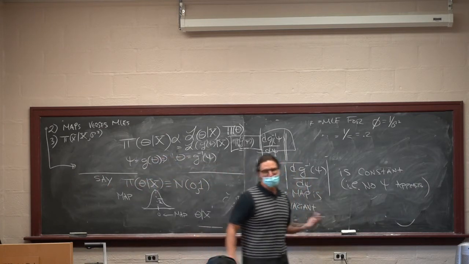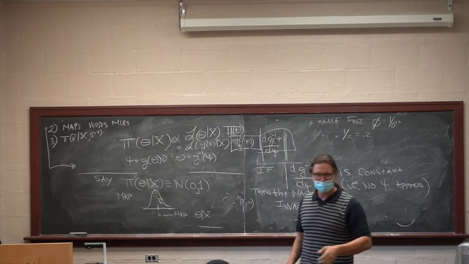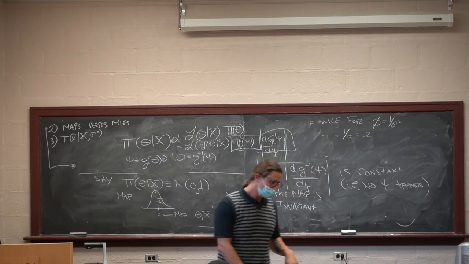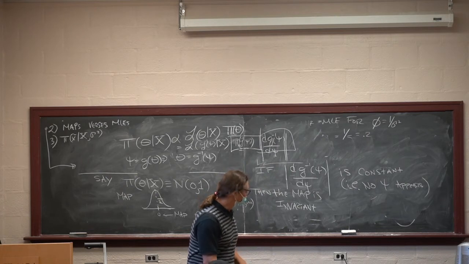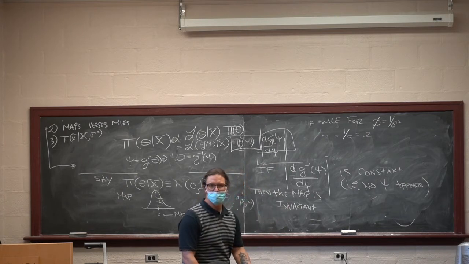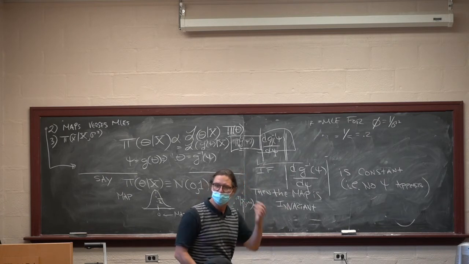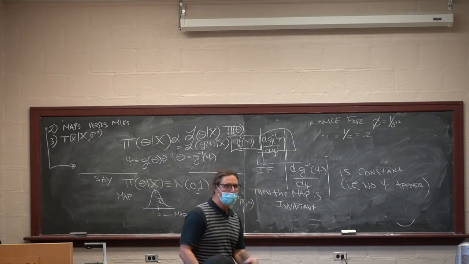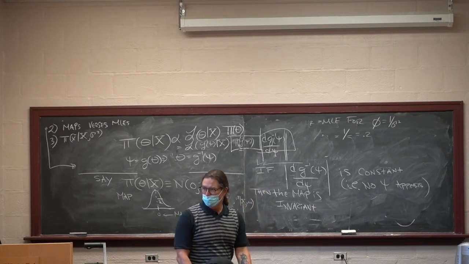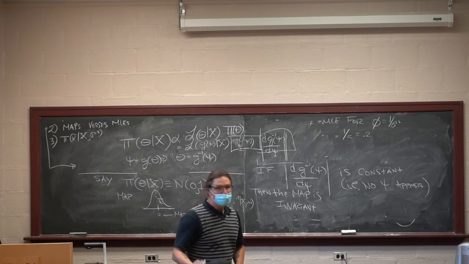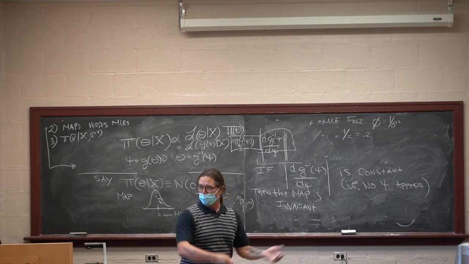Yeah, it's for linear functions. Hyperplanes and stuff like that. That's when it's important. So if G is a linear transformation, then the map, you can just plug it into the old thing.